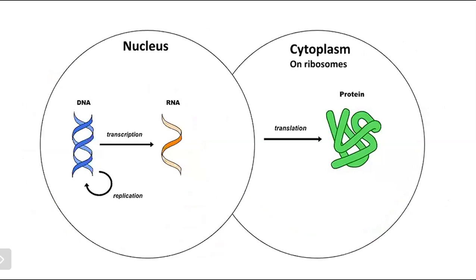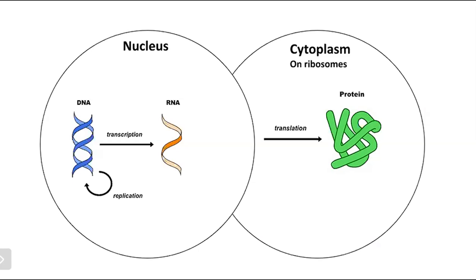Here you can see there is a boundary of nucleus and cytoplasm. Now you can see that the diagram has been split. DNA to DNA, that is replication, and transcription take place in the nucleus. So RNA is formed in the nucleus and then translation takes place in the cytoplasm on ribosomes.